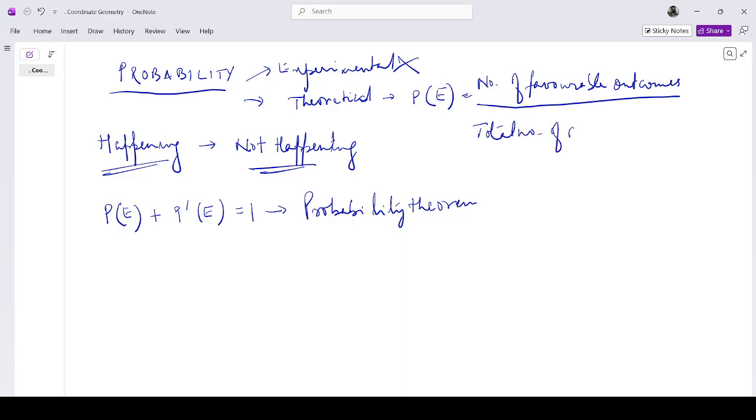To find the favorable outcomes, we draw the chart that is called the sample space, from where we can find out how many events are in favor.